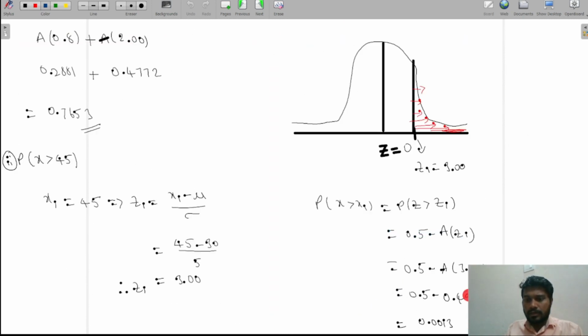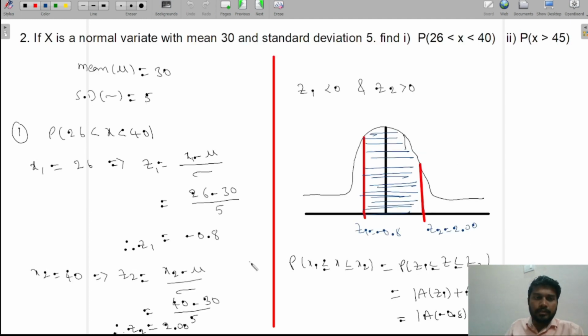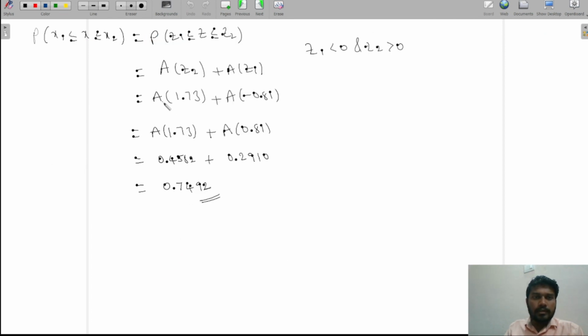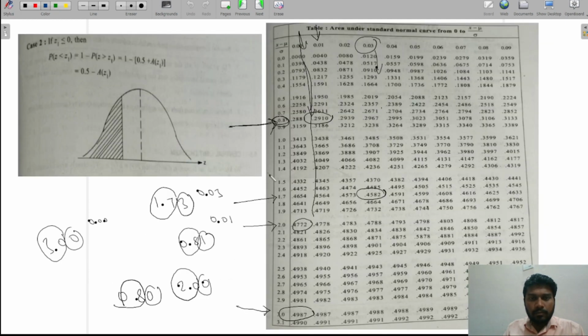See, okay, this is about the last question. And before that, one more question we also did. See, area of 1.73 has area 0.4582. Area of 0.81 has 0.2910, right? So I'll show you once again. 1.73 means 1.7 we will see in the row.